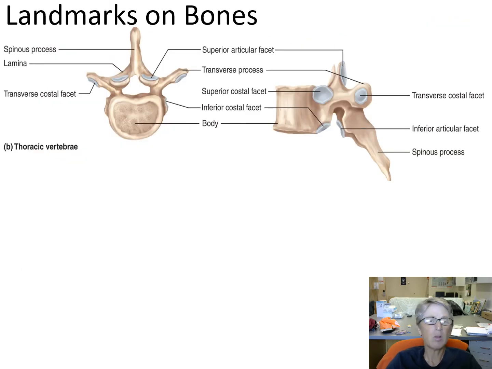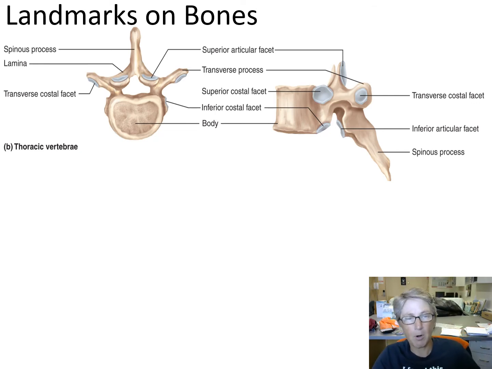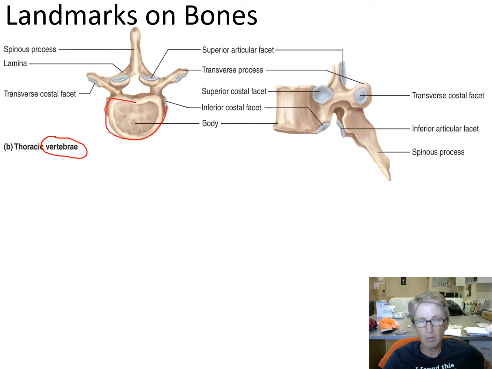All right, so we're going to talk about landmarks on bones. There's a lot of different landmarks on bones, and when you study the bones, you don't just say this is a vertebra, for example. You'd be asked on a lab practical exam to name the landmarks on the vertebra. So if we look at this vertebra, this part is the body of the vertebra.